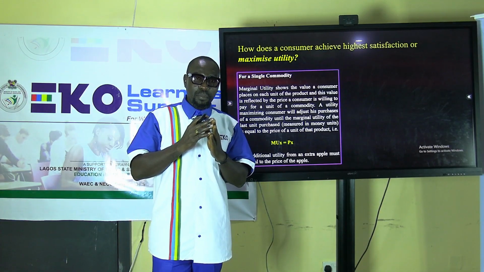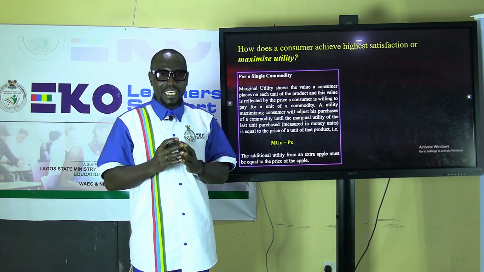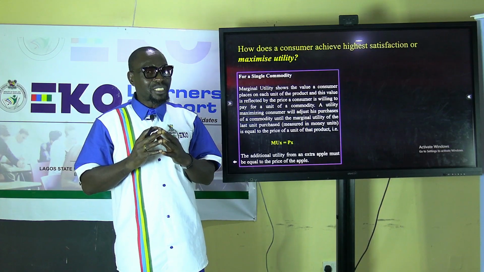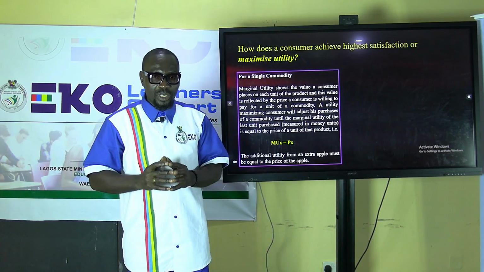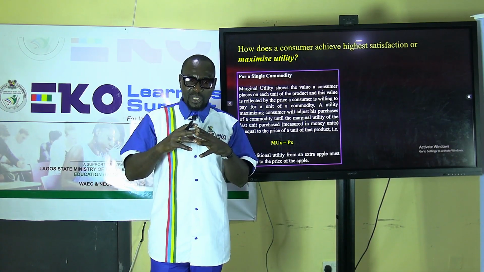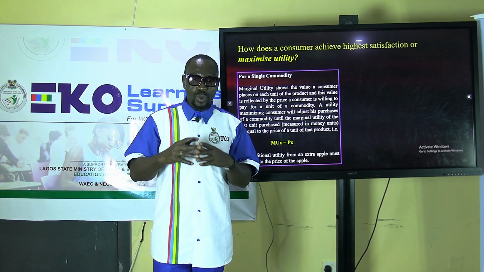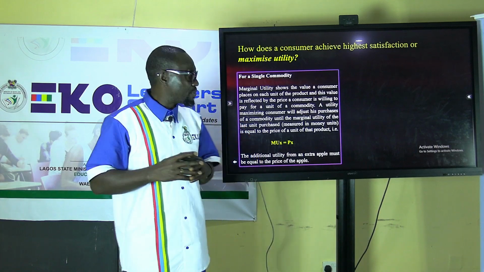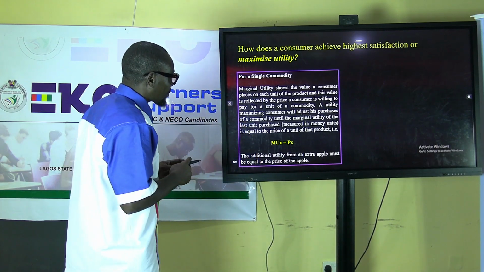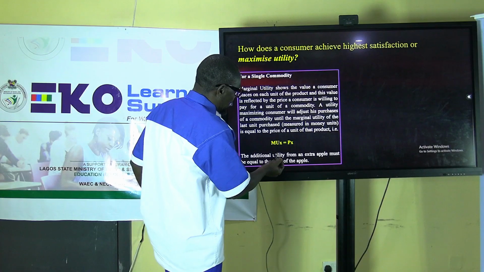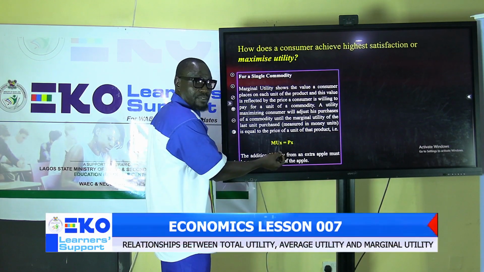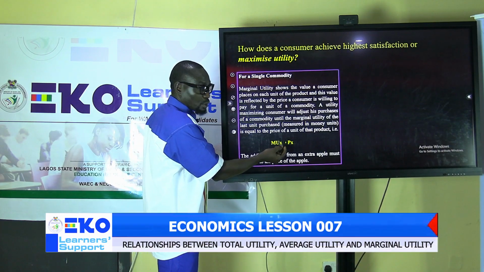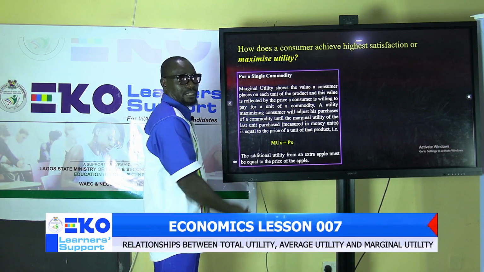When the price of the product is beyond the market price, the consumer is no longer likely to consume more of the product. Therefore, it is said that that consumer has achieved equilibrium or has achieved maximum satisfaction. And this is mathematically represented as marginal utility of a product X, for example, is equal to the price of that product X.